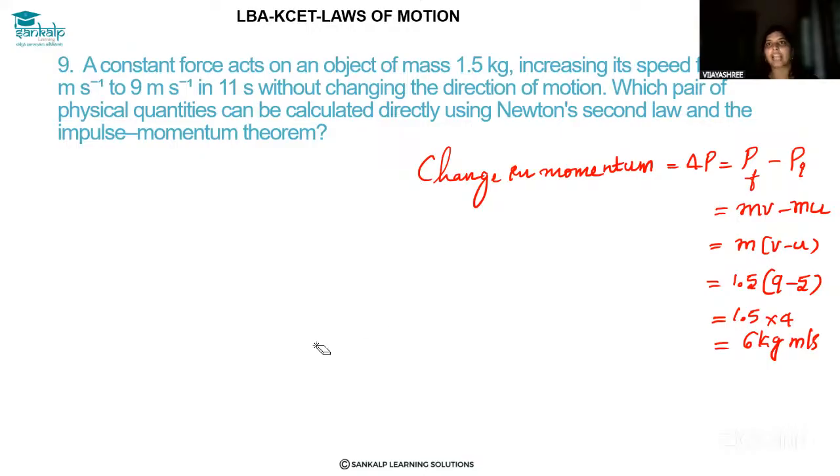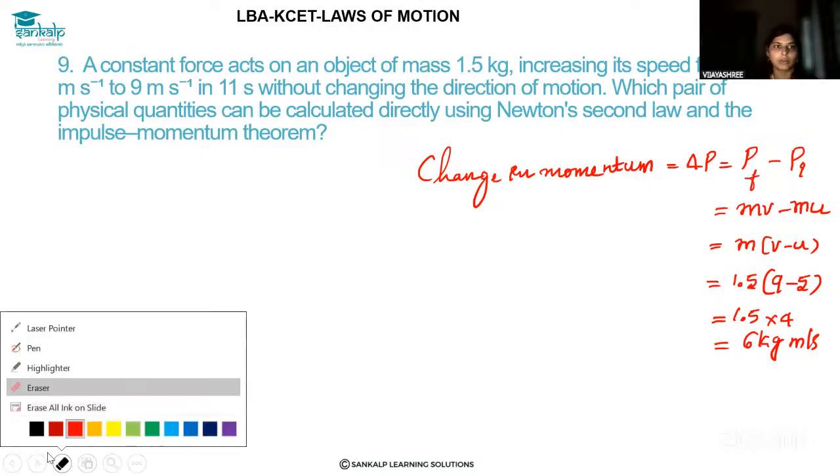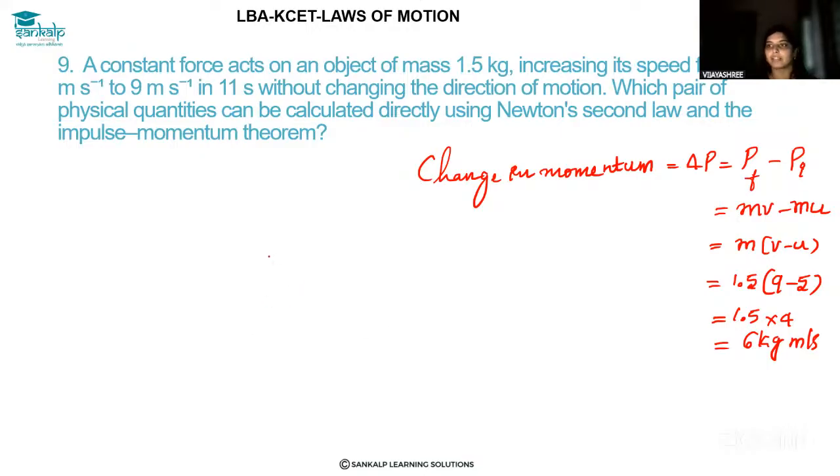So can we calculate the impulse now? Yes, we can calculate the impulse. Impulse means what? J. Impulse is nothing but change in momentum.